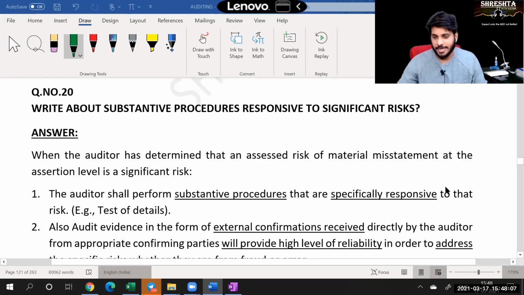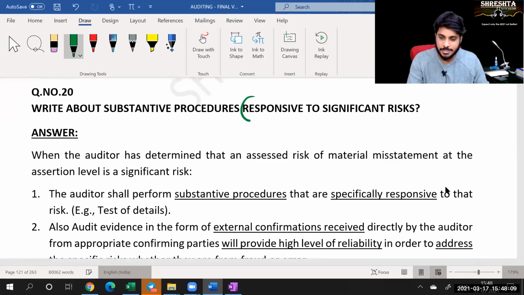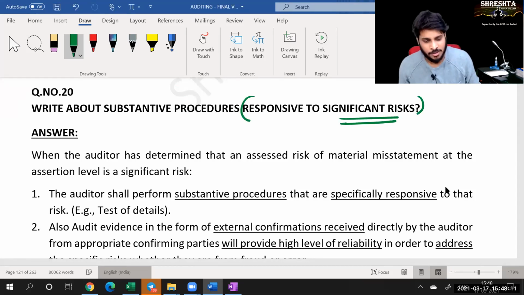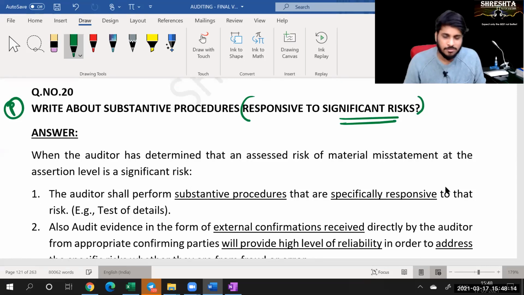Write about substantive procedures responsive to significant risk. This question I keep pending.